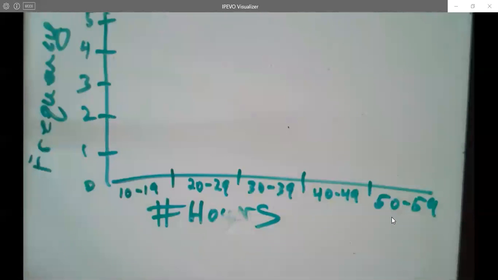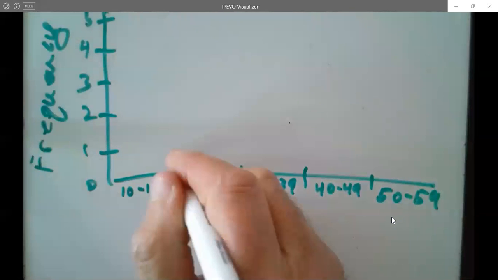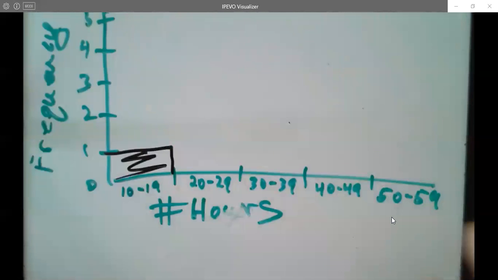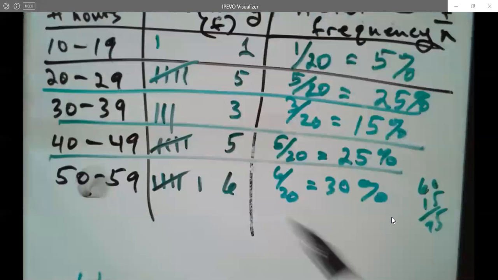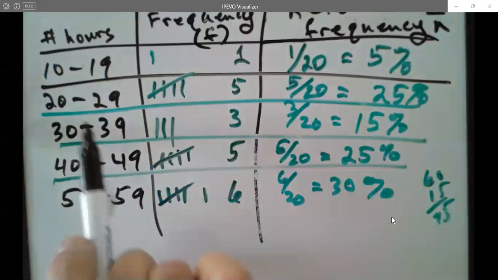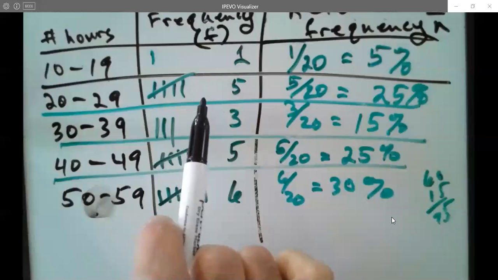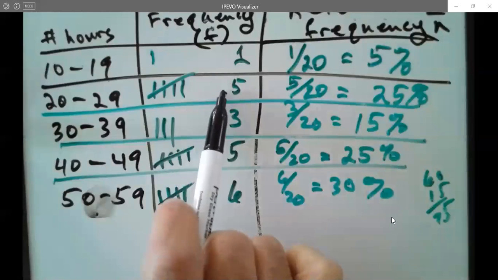Okay, so now we just look at our frequency. 10 to 19 was 1. So here's our number of hours, 10 to 19. We had 1. The next one, 20 to 29, what are we going to put for that? Yeah, 5.